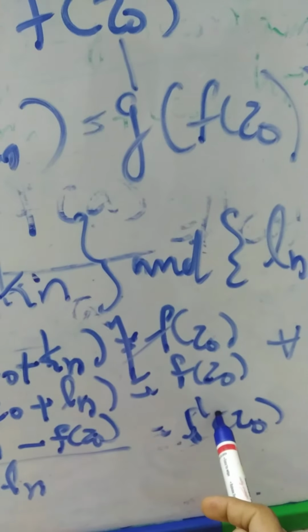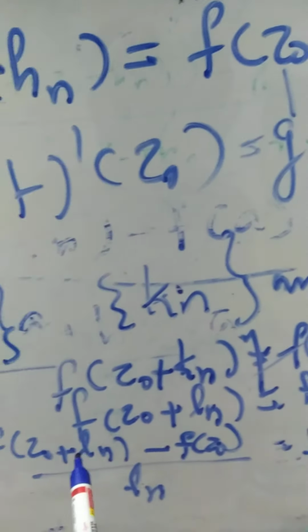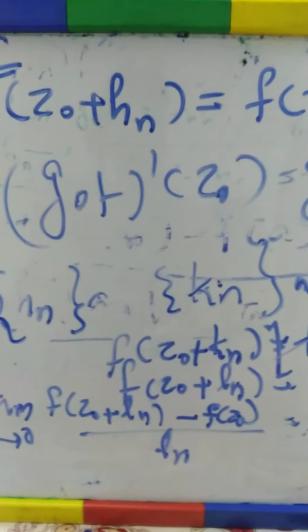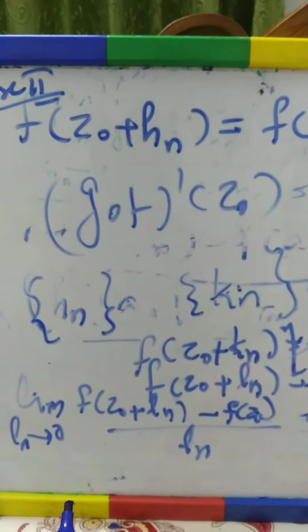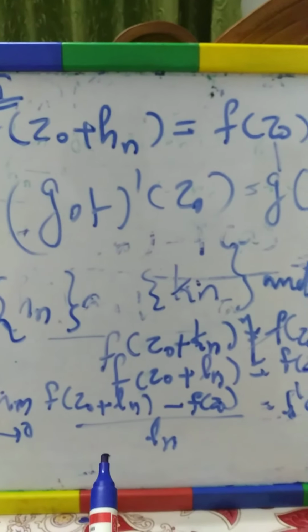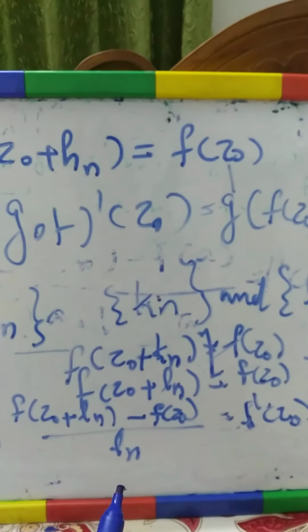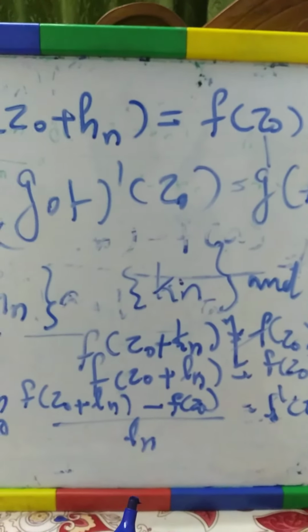This derivative must exist, and since these two terms are equal, this derivative is equal to 0. So f'(z naught) is equal to 0. That means limit l_n tends to 0 of f(z naught + l_n) minus f(z naught) divided by l_n equals 0, which is f'(z naught).